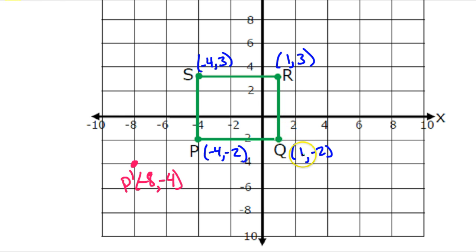All right, doubling this becomes 2, -4. So that's going to be right here. All right, doubling this becomes 2, 6, which should be right there. And doubling this becomes -8, 6.